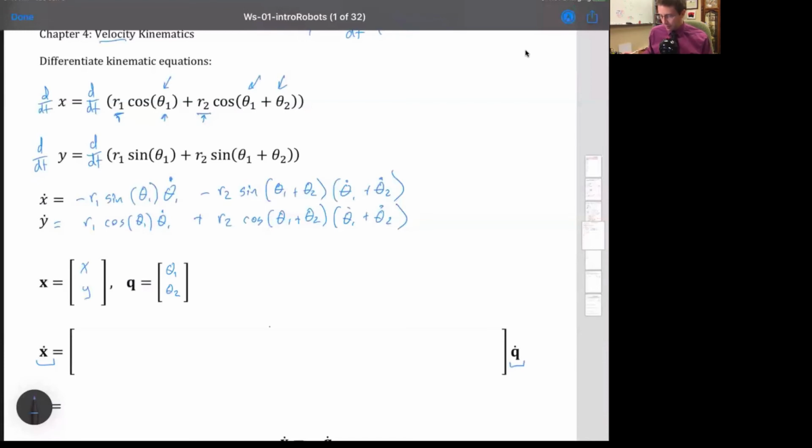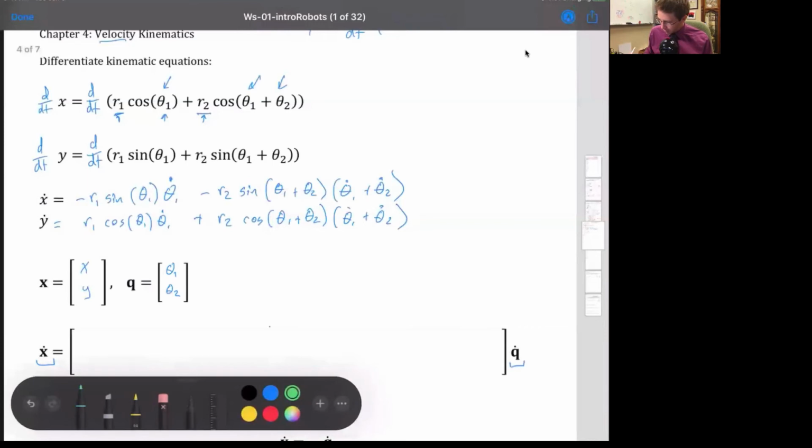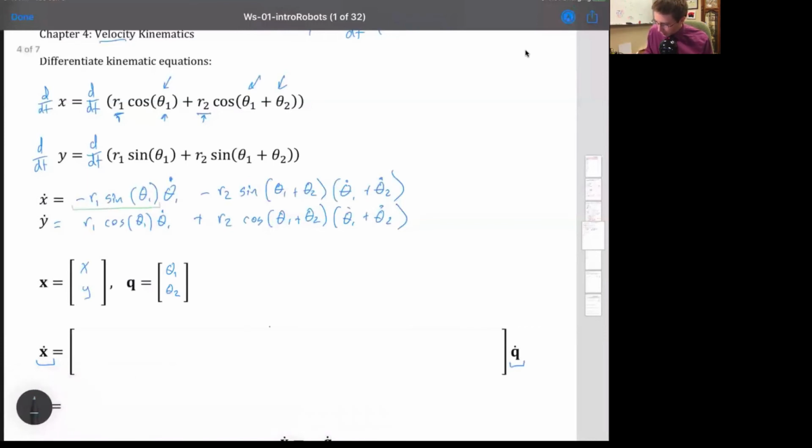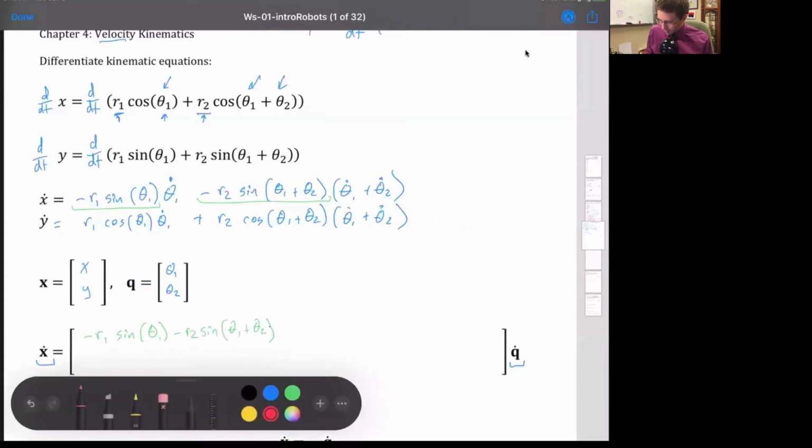And so I'm going to rearrange things. First thing I'm going to do is grab everything that's multiplied by theta 1 dot. So I'm going to have negative R1 sine theta 1 minus R2 sine of theta 1 plus theta 2. And then I'm going to have everything that's multiplied by theta 2 dot.